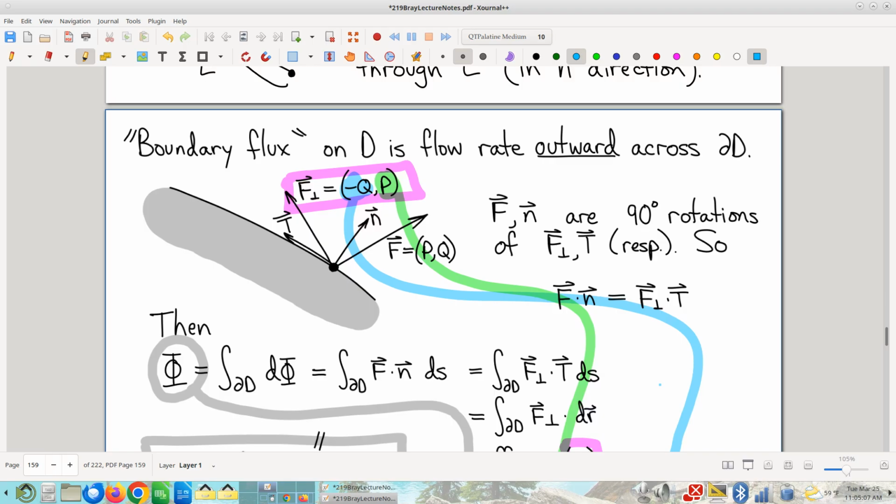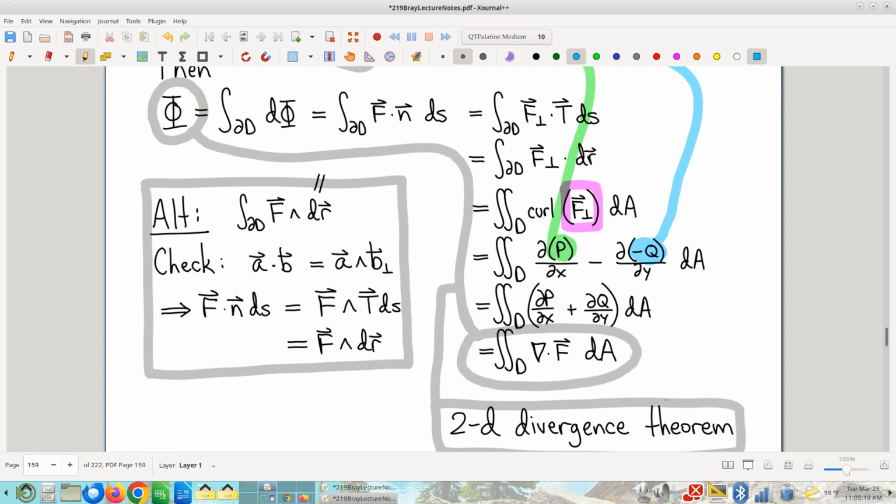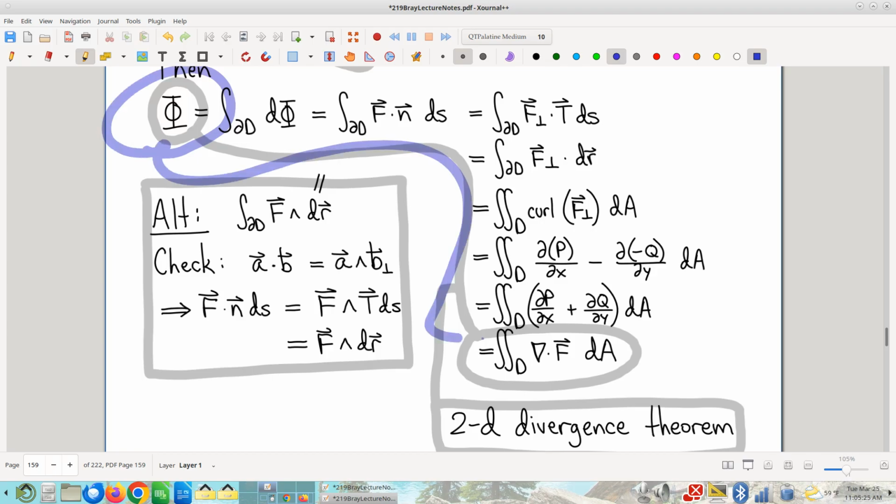Then you don't need to do all this stuff, right? Or it might be convenient to deal with for other reasons, given the context. But in a lot of cases, this tool is a pretty neat tool because we're not quite done developing it yet, but you can see the punchline is going to be that we can compute flux with a double integral, and sometimes that's a lot easier, depending on the specifics.